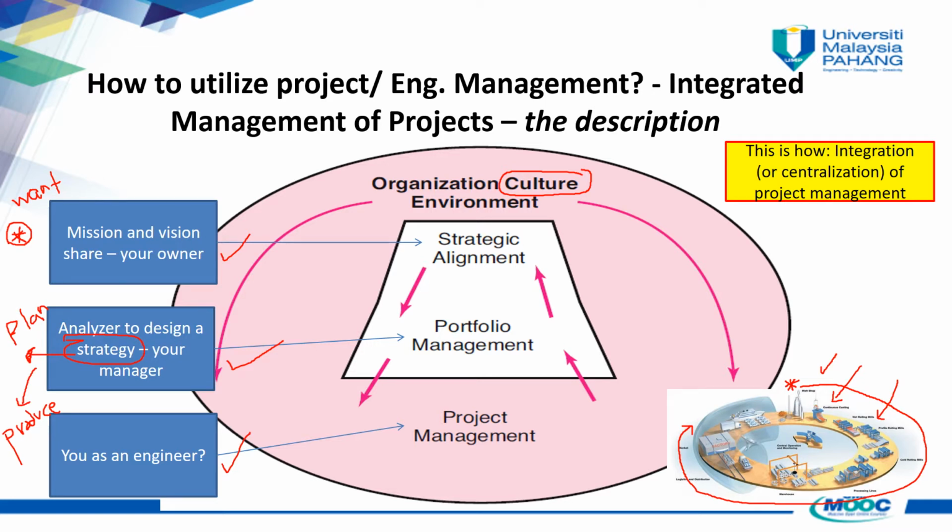So how do we want to produce it? We will utilize operation management or project management or engineering management, so that all of our processing activity here can be controlled by good governance of the mission and vision, and then analyzed as a plan to become a very good strategy, so that we as engineers can produce it, practice it, by means of good project management or operation management or engineering management.